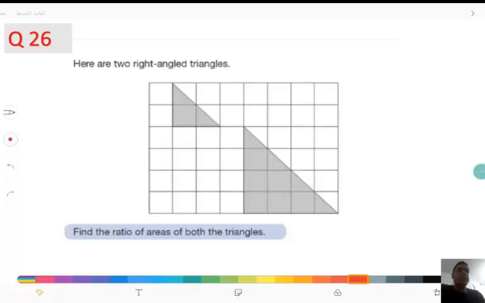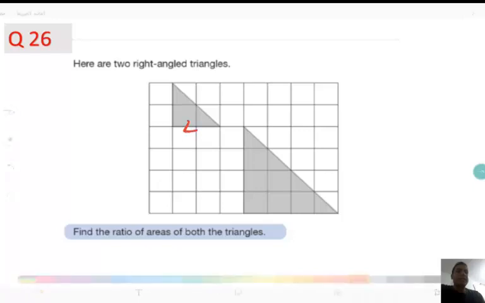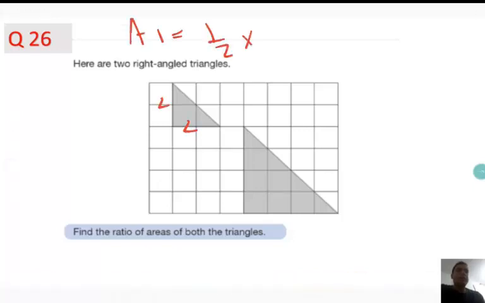Here are two right angle triangles. Find the ratio of areas of both the triangles. Let's use the area of triangle law, which is half times base times height. Base here is 2, the height here is 2, so A1 equals half times 2 times 2, which is 2 centimeters squared.